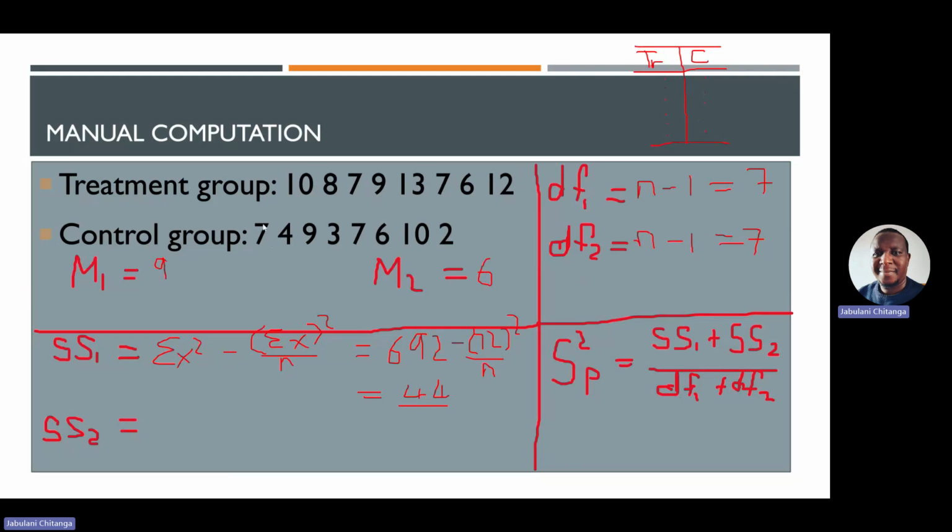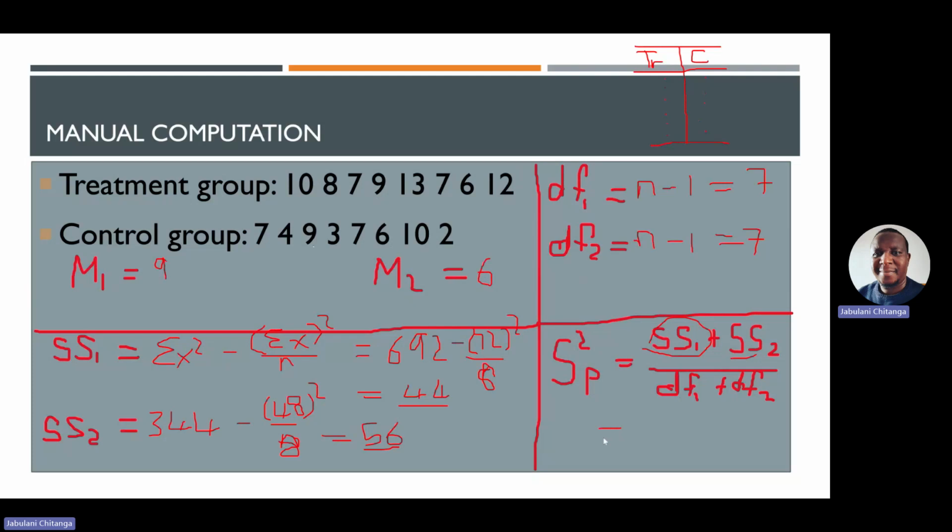So it's 49, 16 plus 81, and then you get 344 minus, in the same way, 48 squared divided by n. Let me write 8 here, n is 8. If you complete that formula, you get 56. So you see, this 44 is SS1, and 56 is SS2.